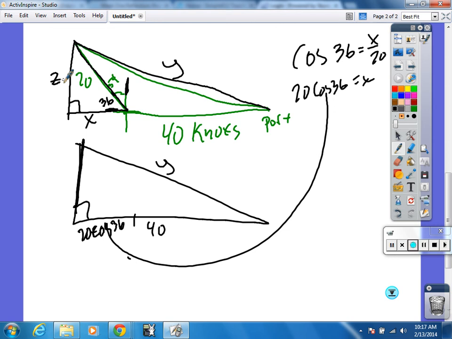Where 20 squared minus this stuff squared would equal him squared, right? Or I could just say, I'm standing here, so Z over 20 equals the sine of 36. Then we times it over, so Z equals 20 sine of 36. So that's this guy right here.